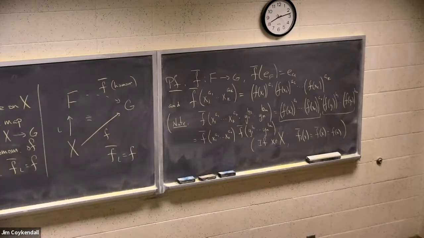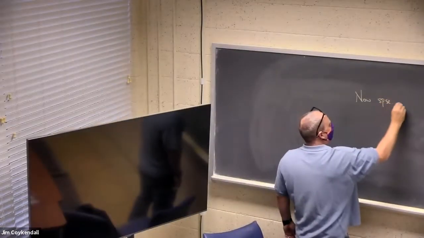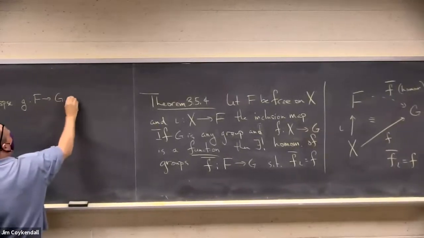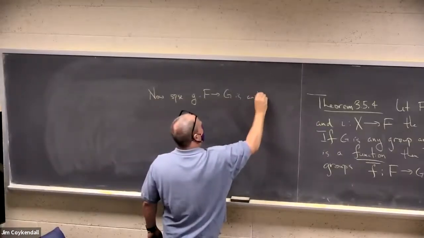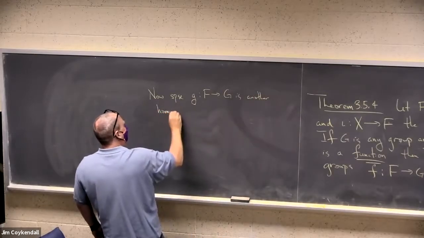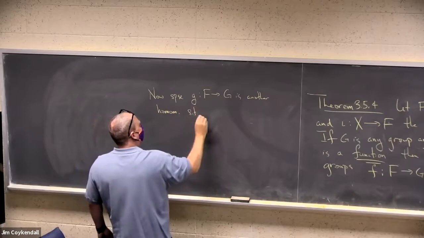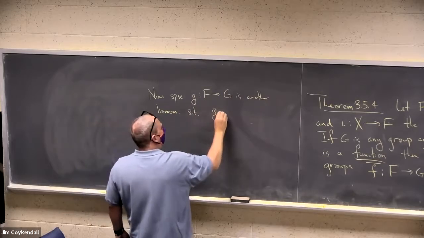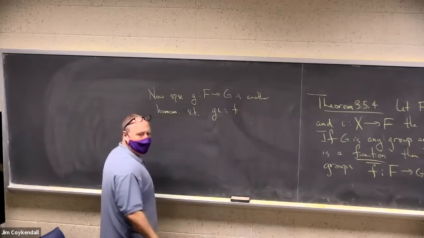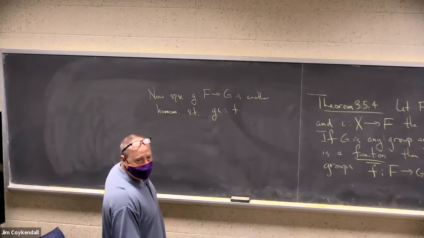And so how about uniqueness? Now suppose g is another homomorphism such that g iota is f. So suppose you have another homomorphism.